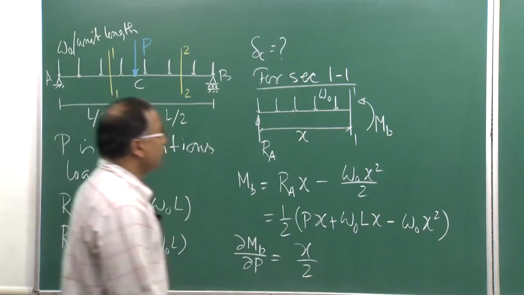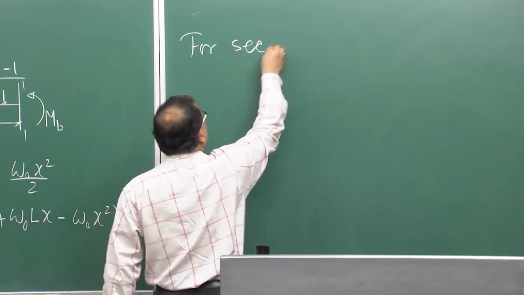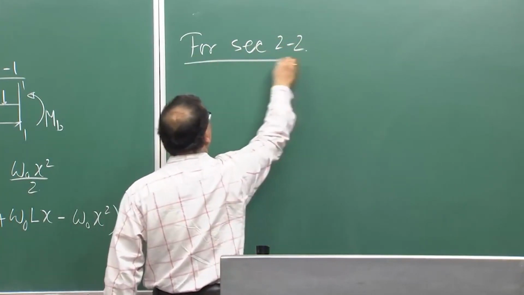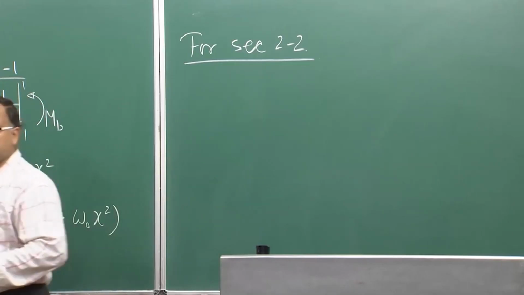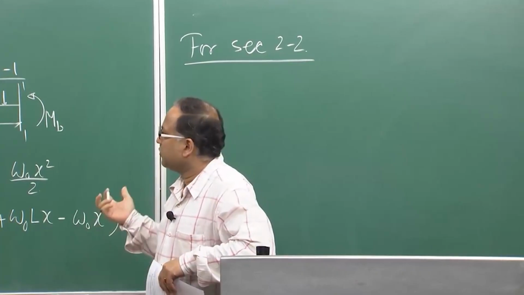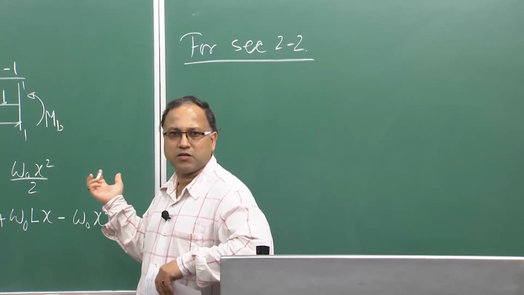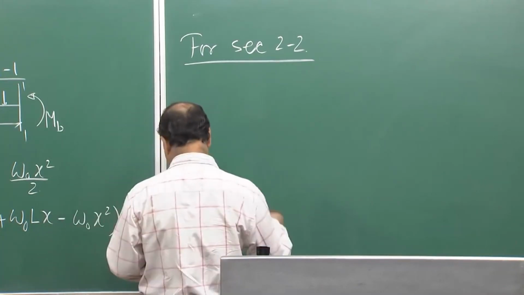Okay. Now, for section 2, we will be taking from the right hand side. As I told you, whichever direction you consider, left hand side or right hand side, is immaterial actually. So, we will be considering the right hand side to make our life simple.